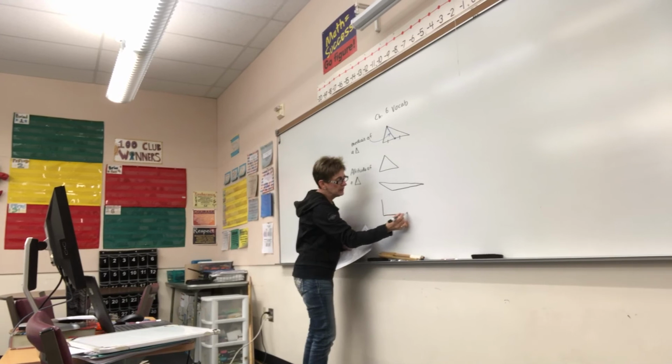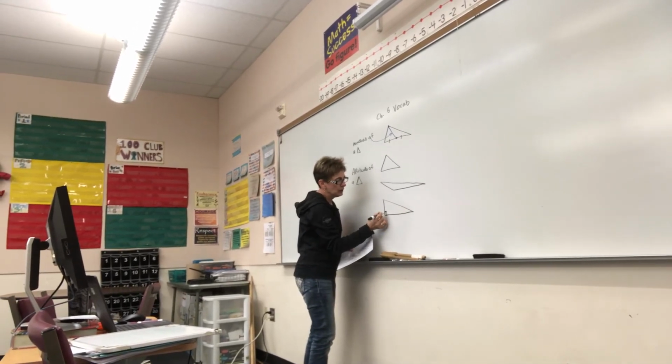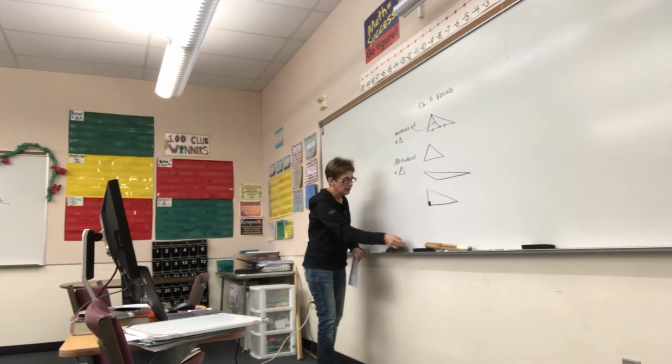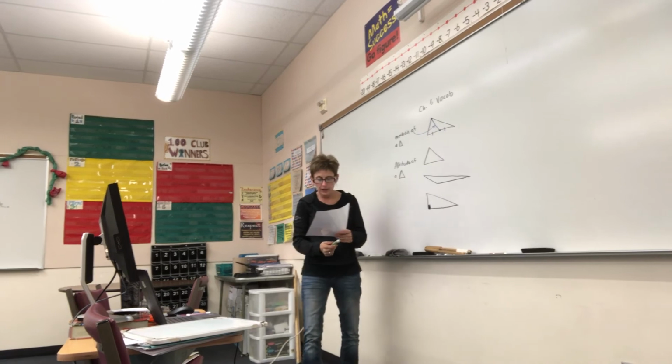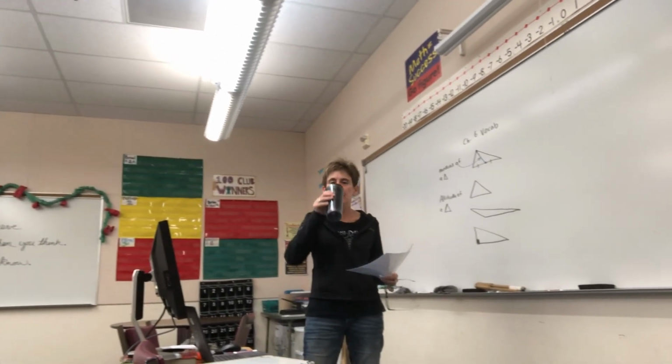The reason why we need 3 examples here is because the altitude of a triangle is going to vary depending on the kind of triangle you have. The definition is the same, but how it looks is going to be different.